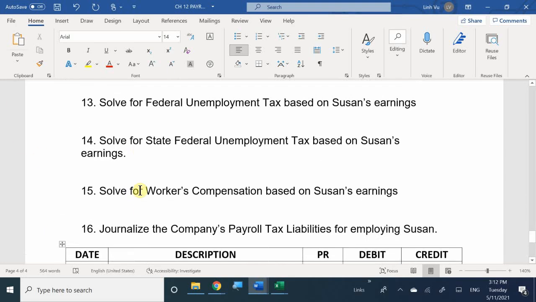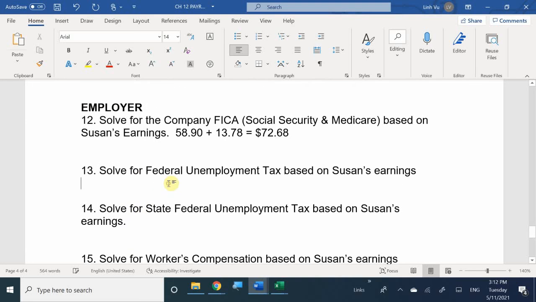How much federal, how much FUTA? Gross wages times 0.6%. 5.70. Okay. And then how much SUTA? Gross wages times 3%. 28.50.